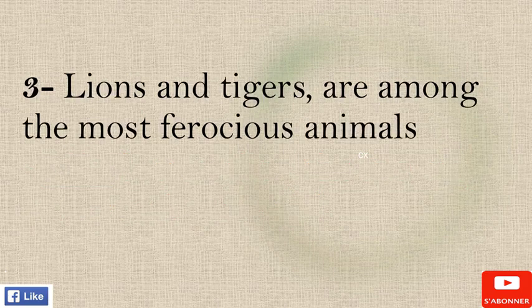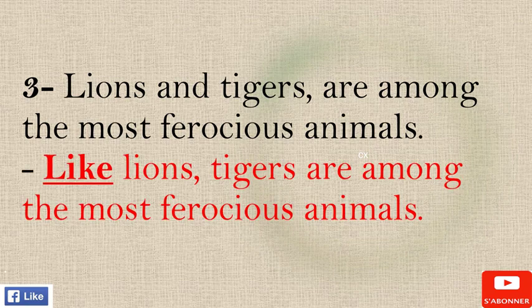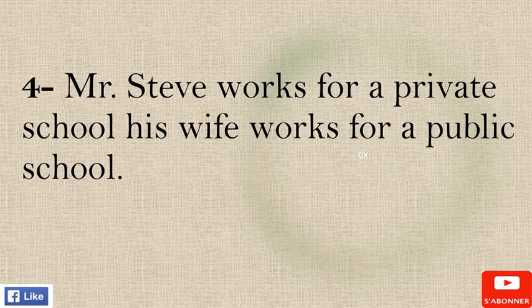Lions and tigers are among the most ferocious animals. So like lions, tigers are among the most ferocious animals. So we are comparing lions to tigers and they share a similarity. This is why we have chosen like.